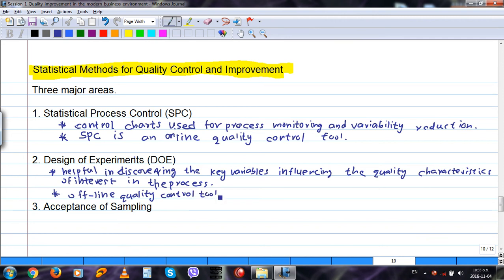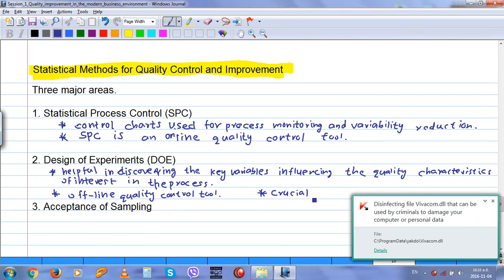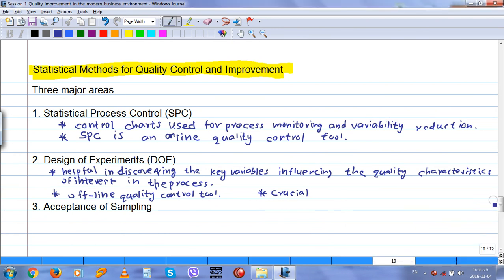And it is also crucial for variability reduction.